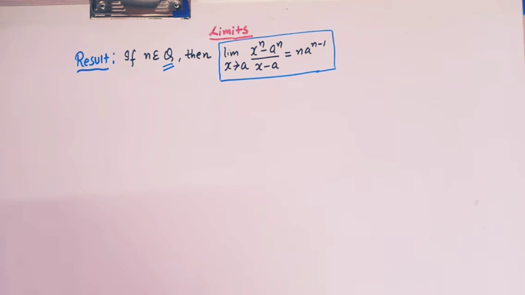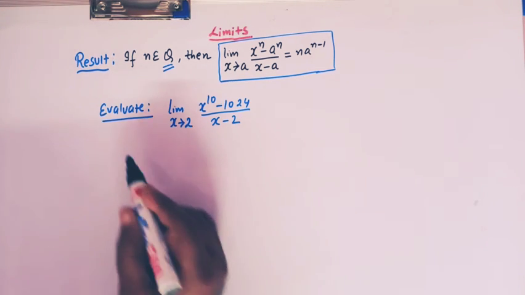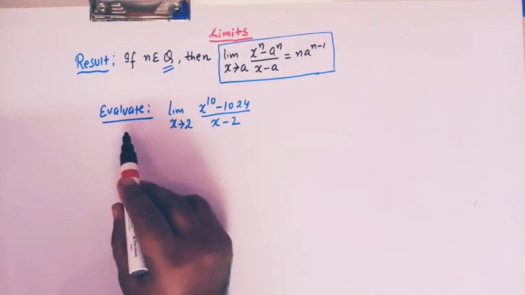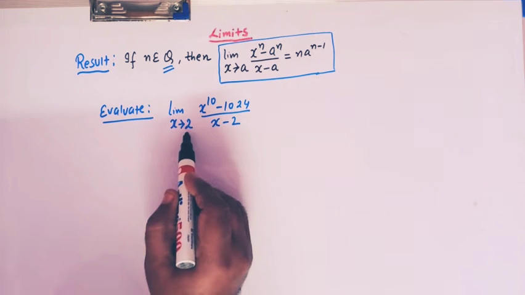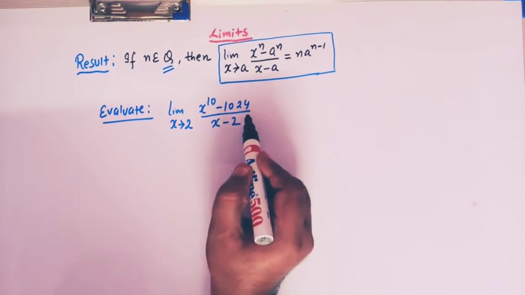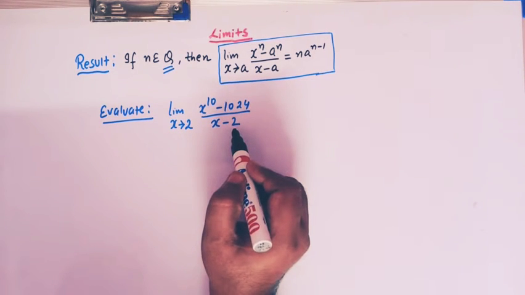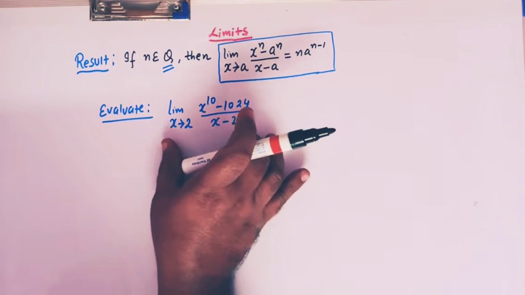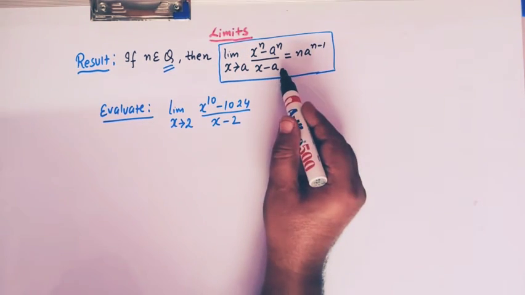So let us take the first problem. Here we have to evaluate the limit as x tends to 2 of (x raised to 10 minus 1024) divided by (x minus 2). We'll evaluate this limit using this result.